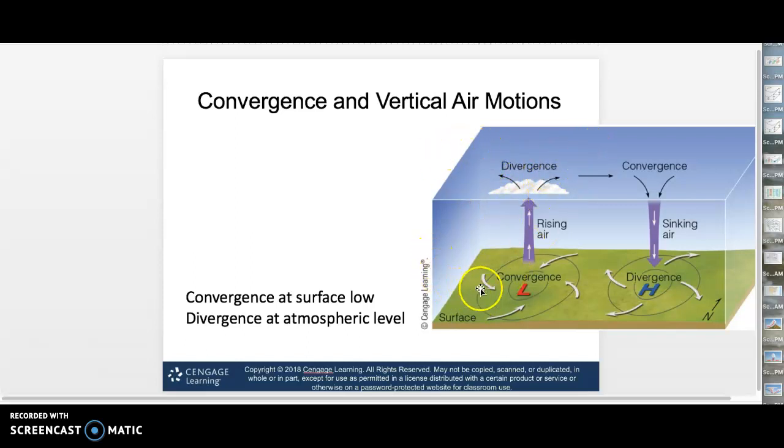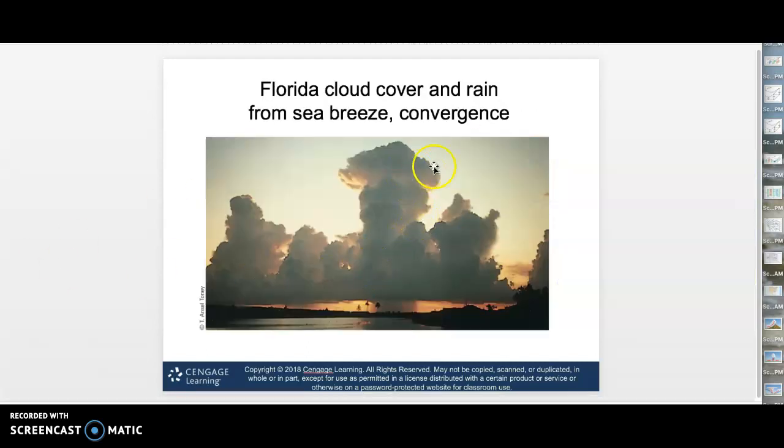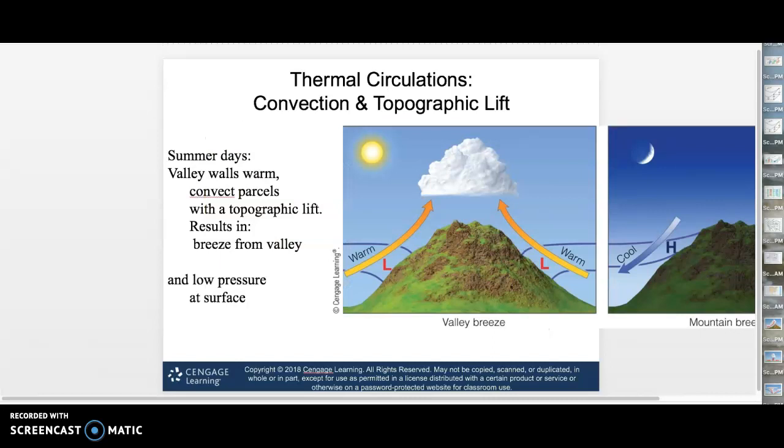So the air converges at the surface into the low, sends it up to the upper atmosphere, and diverges in the upper atmosphere, forming that beautiful anvil that you see up there. That's diverging air. This is a major pattern of circulation that we're going to see again and again and again. Converging air at the surface, diverging air in the atmosphere.